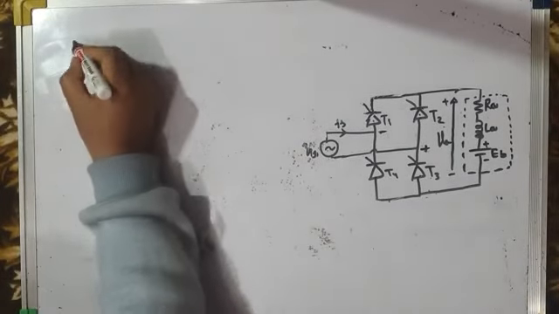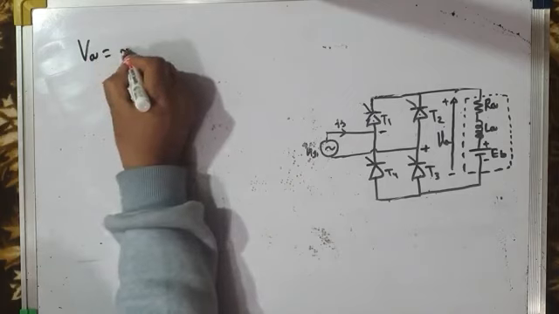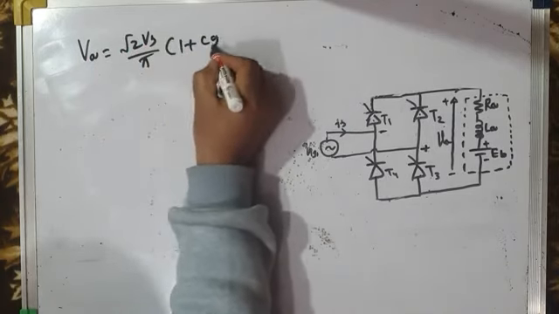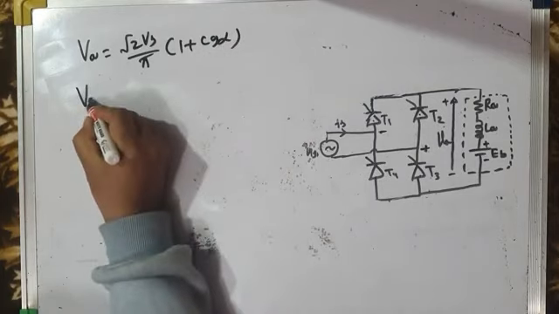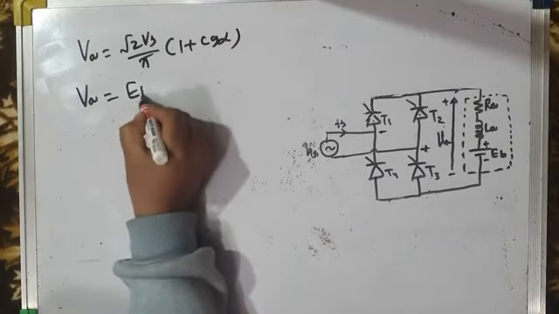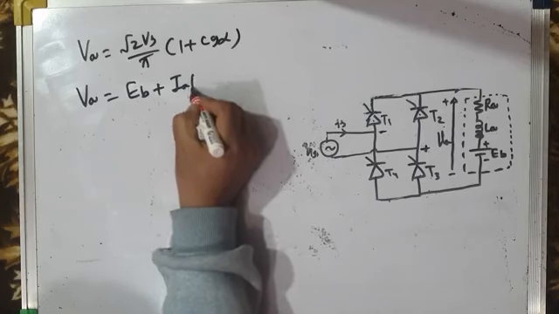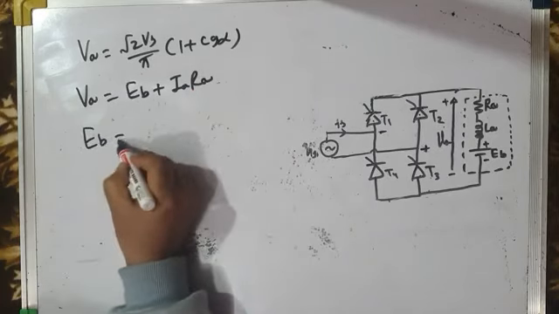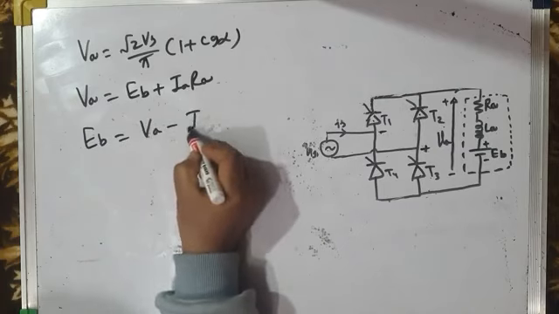I will again write that the average armature voltage is root 2 Vs by pi times (1 plus cos alpha). Since average armature voltage is back EMF plus IaRa, from this you can find back EMF equal to Va minus IaRa.